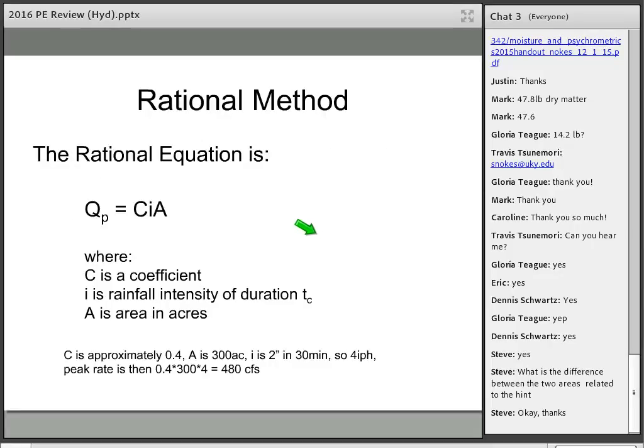Now, there's another method that gets used a lot, especially in civil engineering firms. It's called the rational method. Much more general than the curve number. C is a coefficient that you look up based on the watershed you're dealing with. It's about 0.4 in this case. We said A was 300 acres. I, which is the rainfall intensity of the duration, time of concentration.